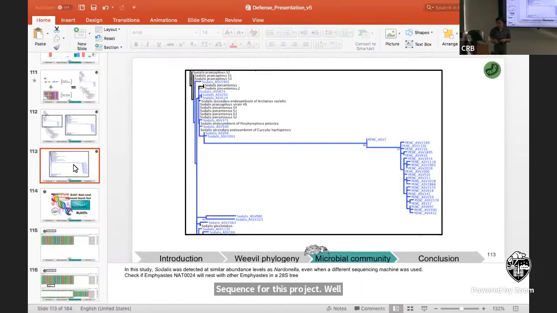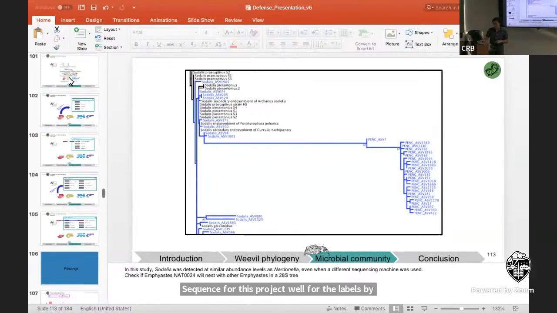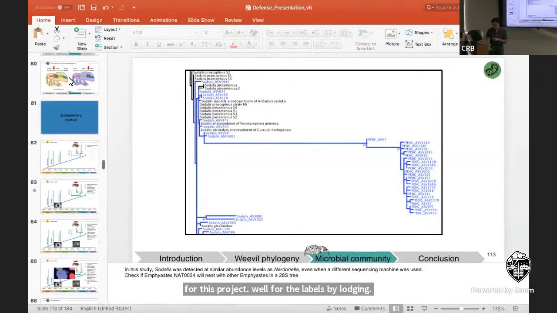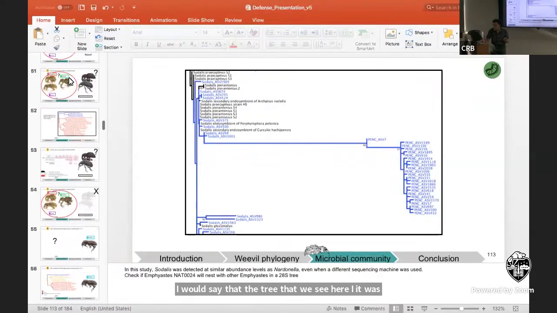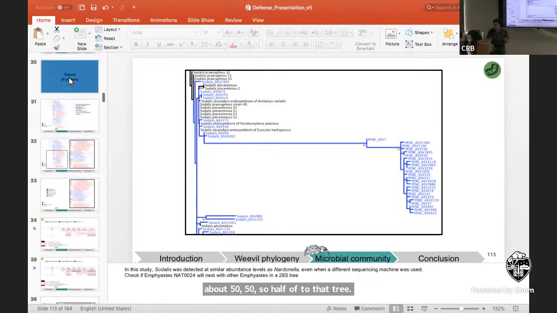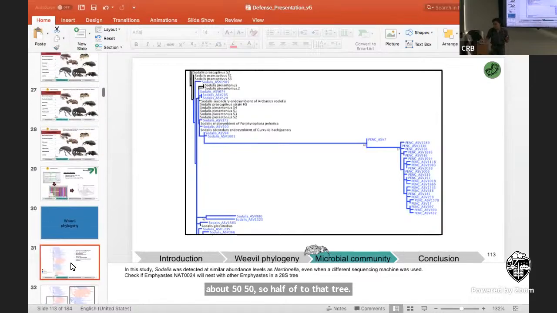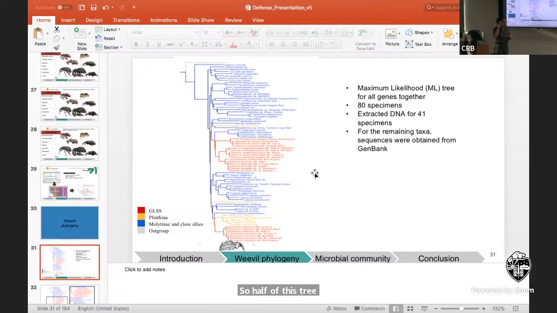Well, for the weevil phylogeny, I would say that the tree that we see here, it was about 50-50. So half of this tree was data that I collected from online sources, other papers, and half of it was sequences that I did myself.